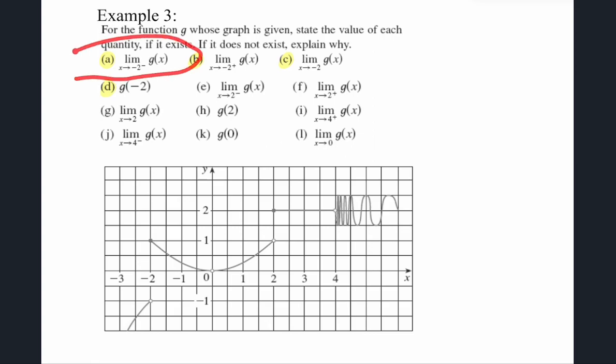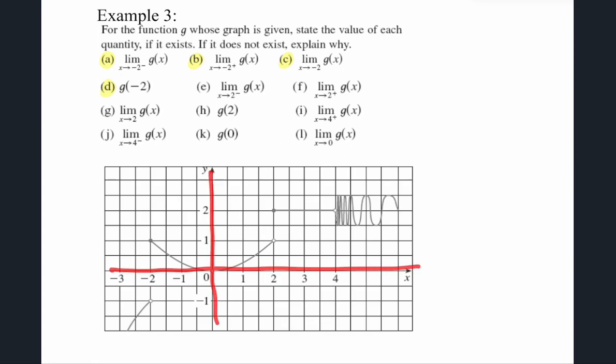What does this notation tell us? What direction are we coming from? The left of negative 2. So here's an x value of negative 2. As we come in from the left, what height are we approaching? Negative 1 down here. Be careful. This is the x and y axis.